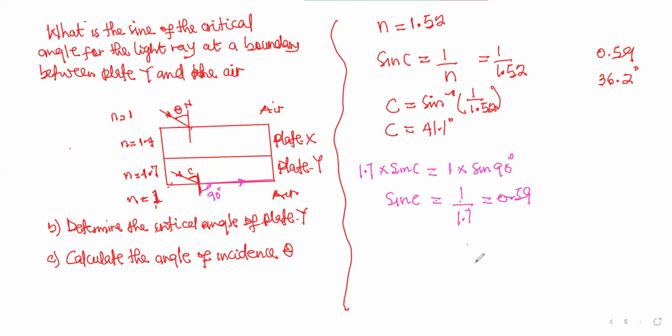So that's it. Then determine the critical angle of plate Y. Once we have sine C equal to 0.59, C would just be equal to the sine inverse of 0.59.